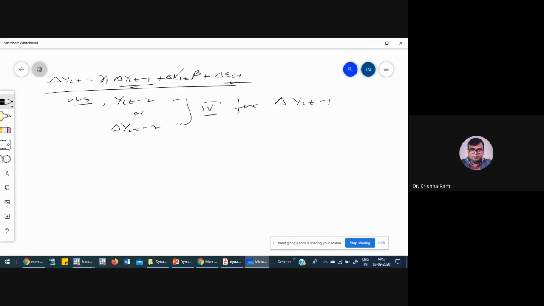So we are going to use this particular instrument variable in our estimation. So this one is the regression model.